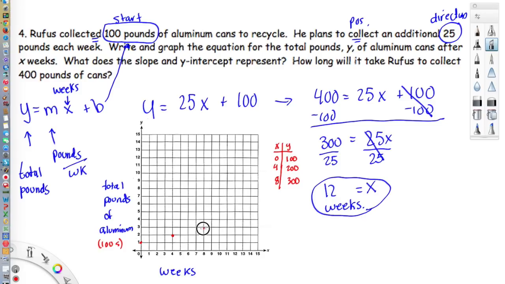I'm up to 300. And then if I went all the way up to 12 weeks, 25 times 12 is 300, and 300 plus 100 is 400. So I'm out here at 12, I'm up to 400. And I could connect these with a straight line, which would look like that. There's my line.